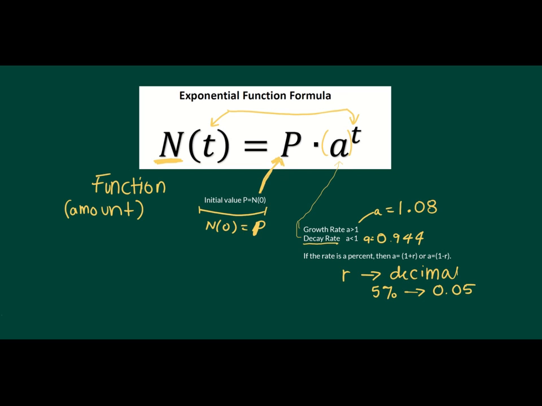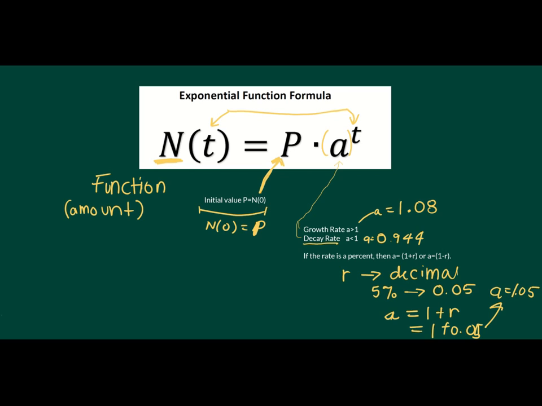So that would be like a nickel or 0.05, different ways to think about it. Then you could calculate A. The formula was given in class, but it's 1 plus R if you have a growth rate. So in this case, it'd be 1 plus 0.05. So A in this case would be 1.05.